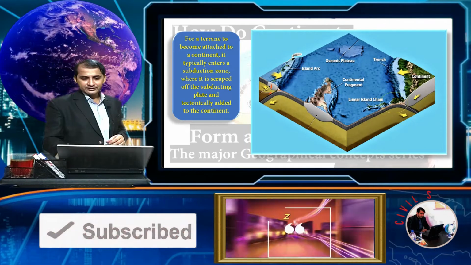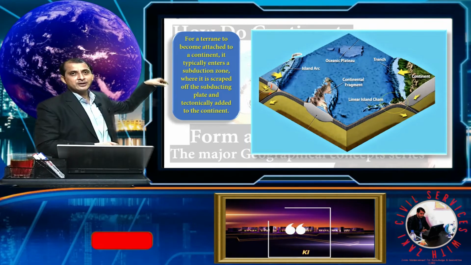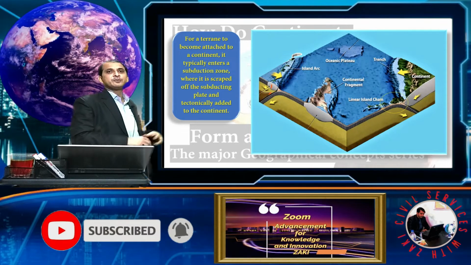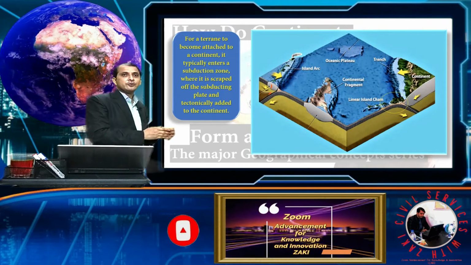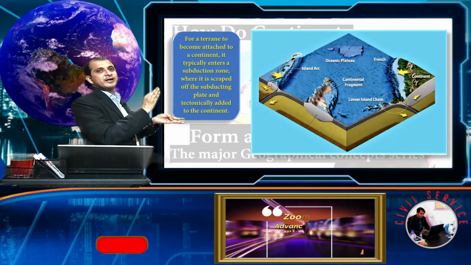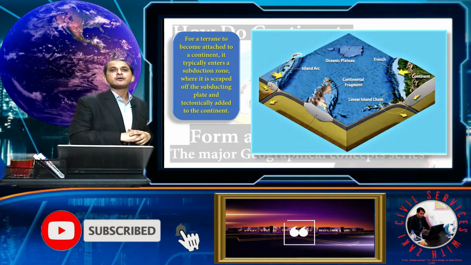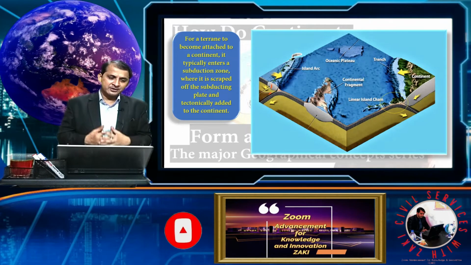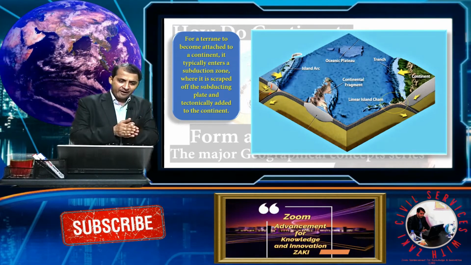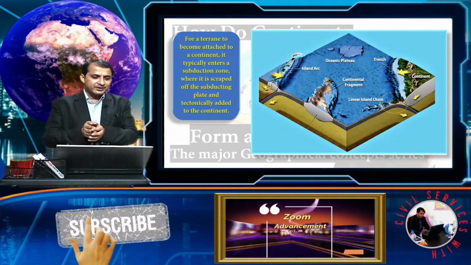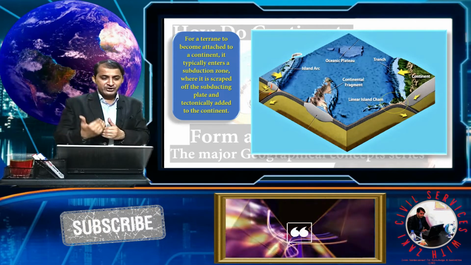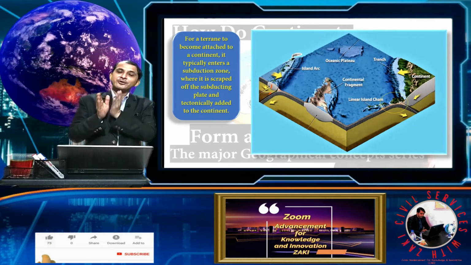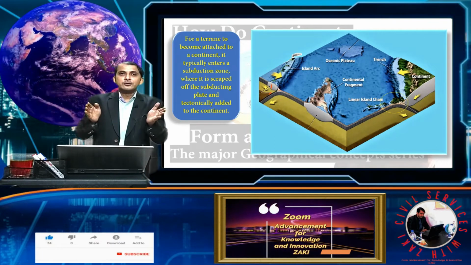See here, this yellow round area is a fragment of some tectonic feature going to the subduction zone and finally added to the edge of the continent. It typically enters the subduction zone, where it is scraped off the subducting plate and tectonically added to the continent, and finally the continent grew.